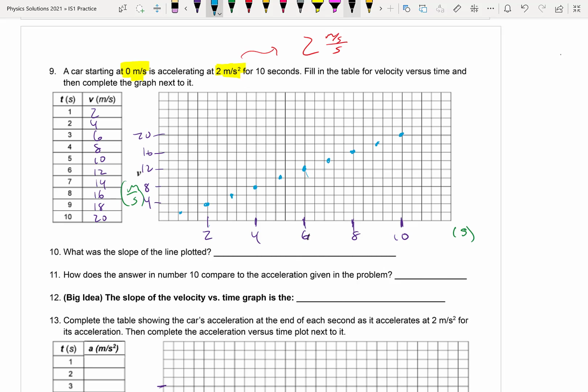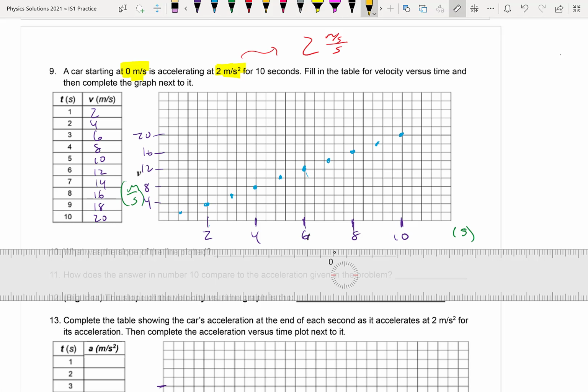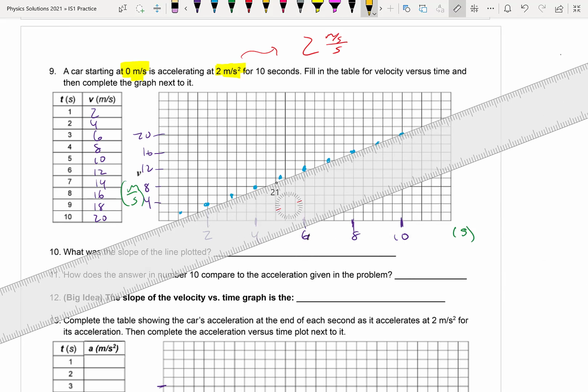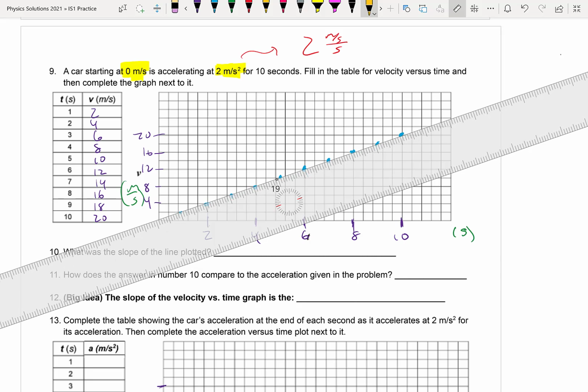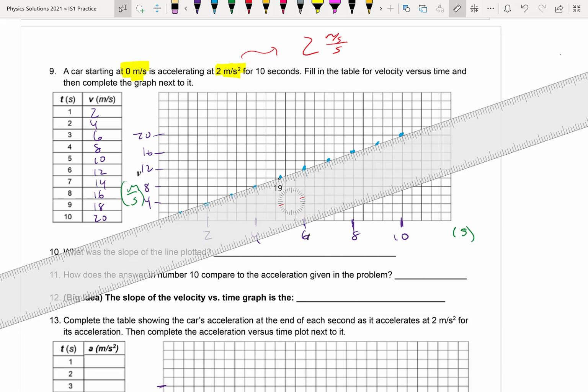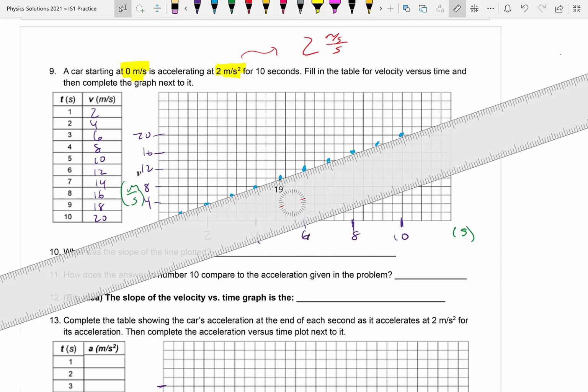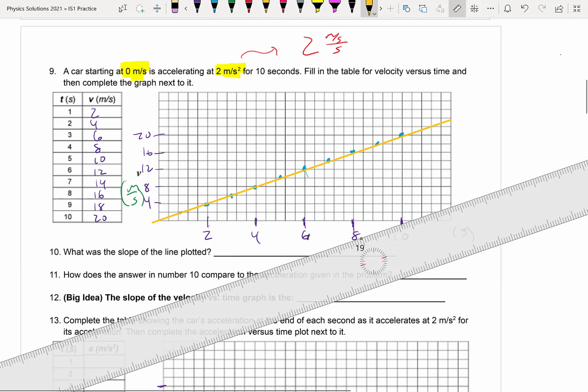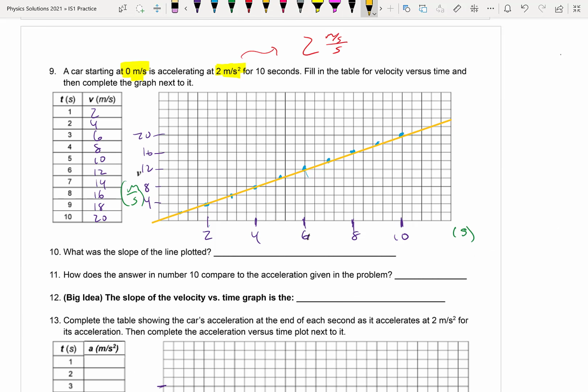And again, I can make my best fit line. There we go. So I want to find the slope of this line. Again, I'm going to say this thing hits 0, 0.